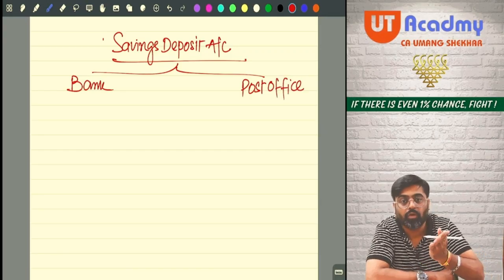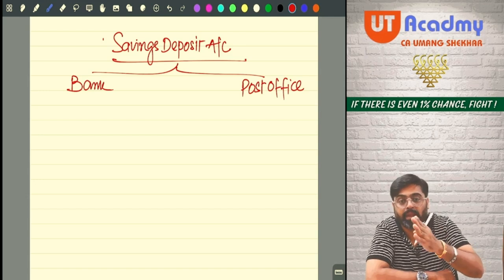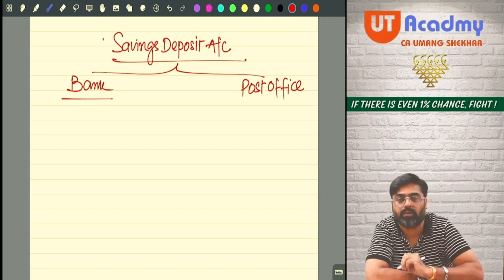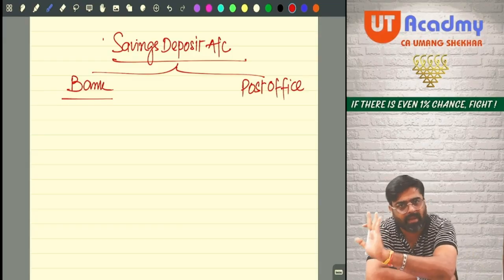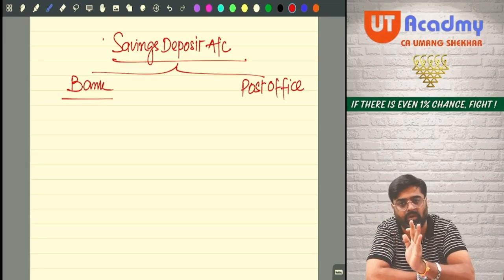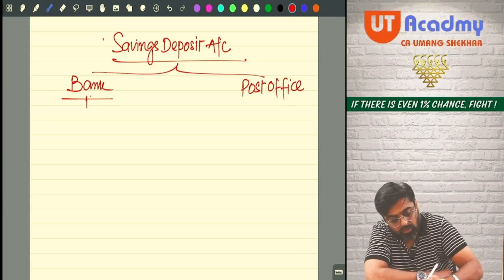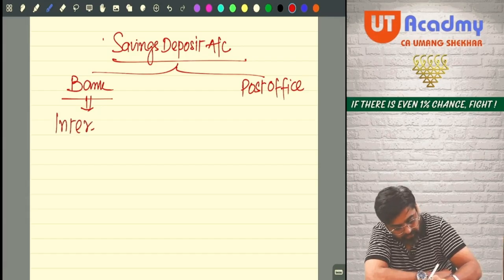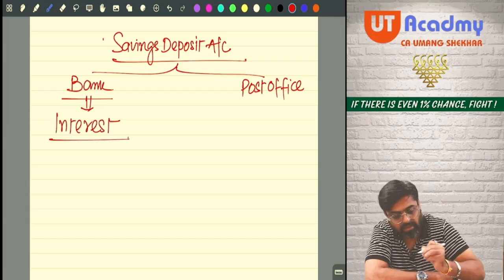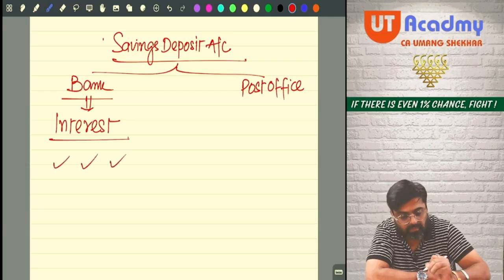So if you are putting your money in a savings account in a bank, HDFC Bank, SBI Bank, ICICI Bank, whatever bank, yes or no? So any savings deposit account in any bank, on that, if interest is earned, that interest entirely will be what? Taxable.